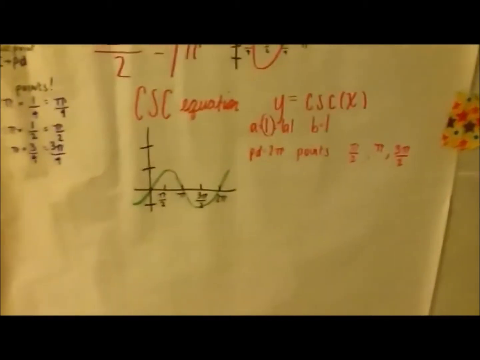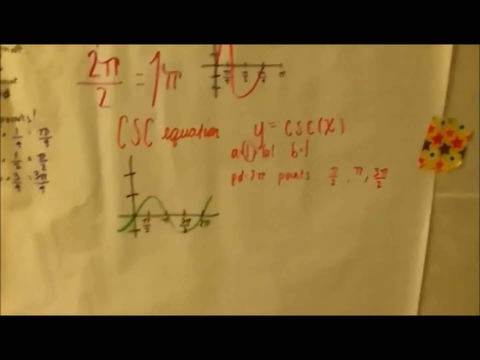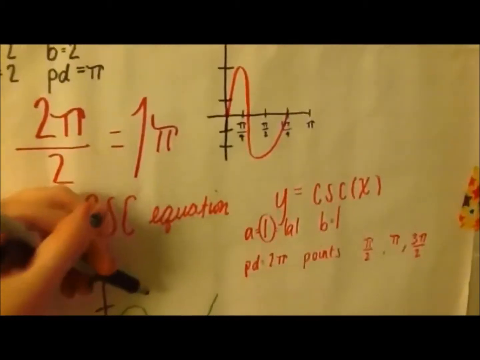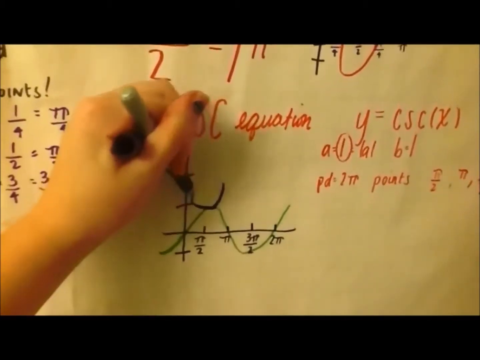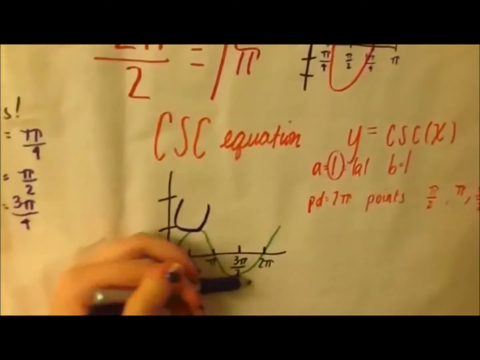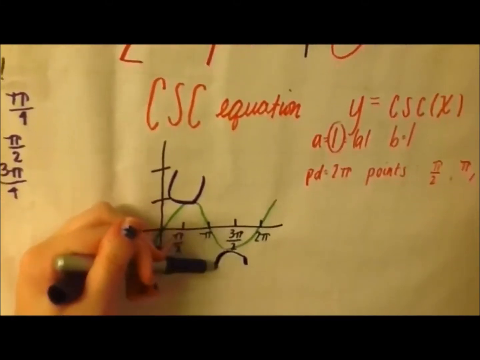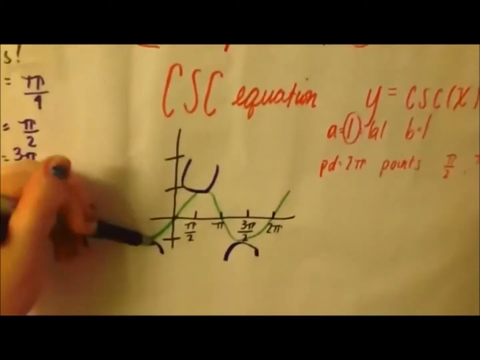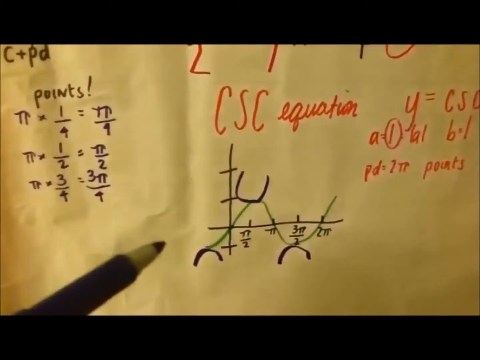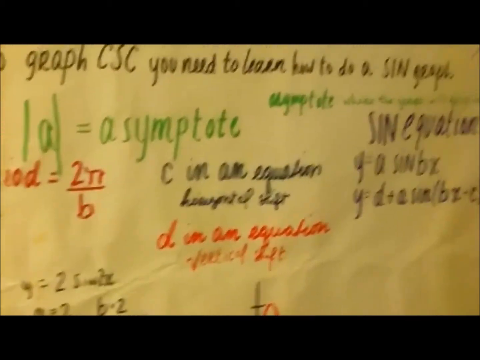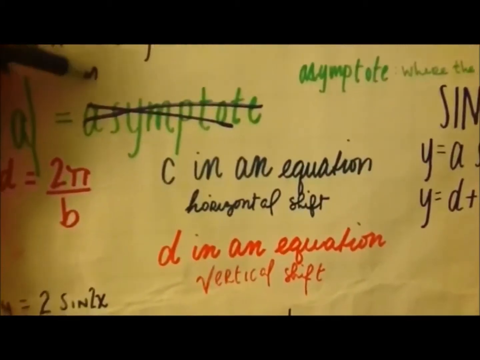To do your cosecant equation, what you're going to do is put a little curve over the other peaks and valleys, right here and right here. You could add one right here too. That is your cosecant equation. Oh, and by the way, asymptotes is what I meant. Well done.